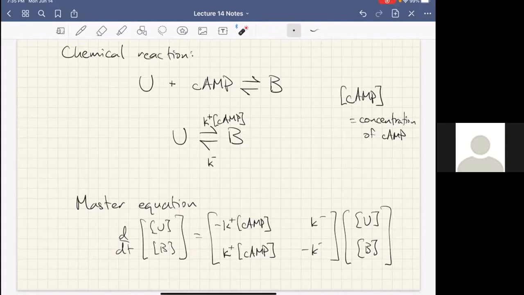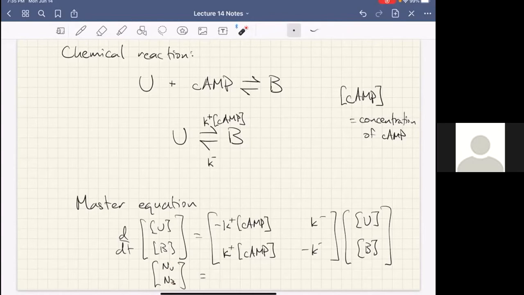What is this? Here we have the concentrations of U and B. So I could just as easily call those the numbers of U and B, NU and NB. They are equivalent up to a constant of proportionality. Basically, I divide by the total number of molecules. So I can certainly call those the numbers of U and B.